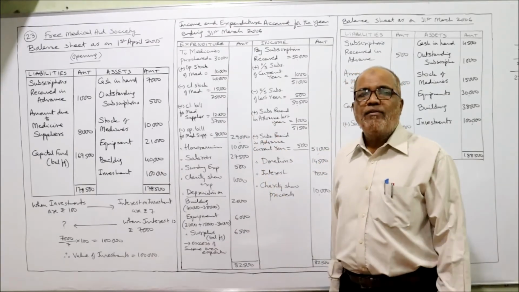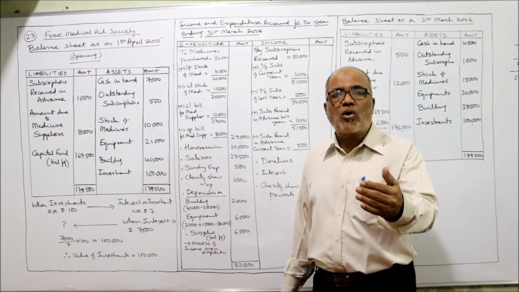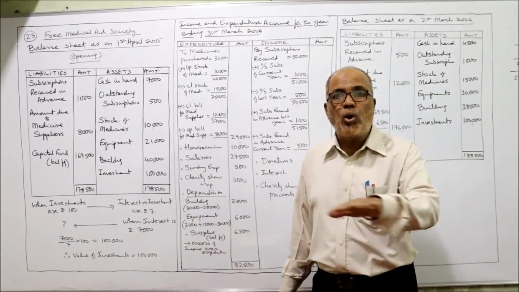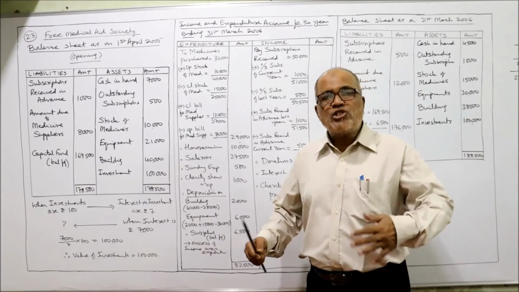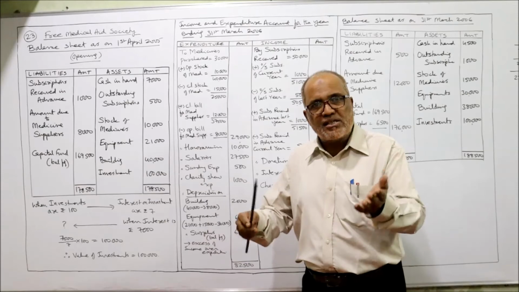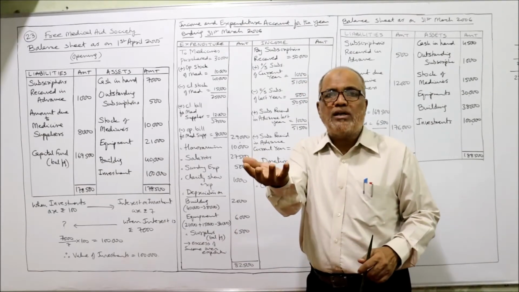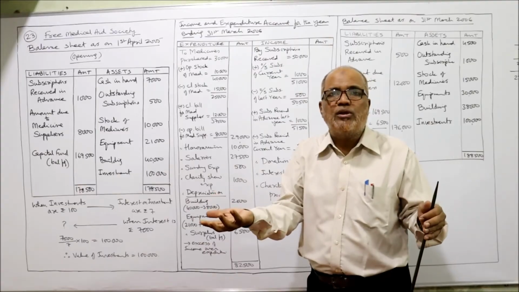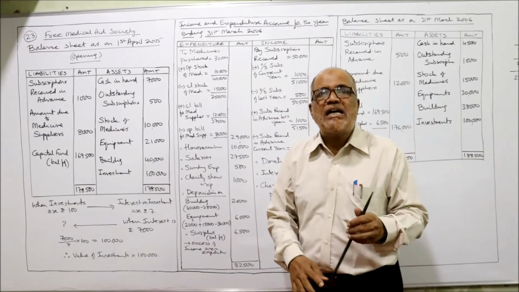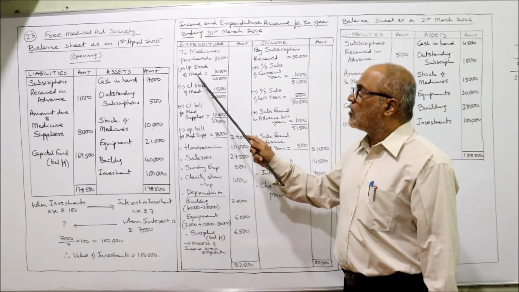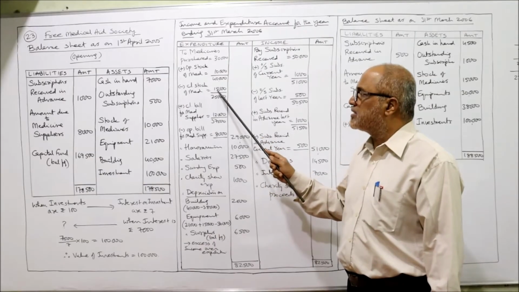Now to this we add opening stock of medicines and minus closing stock of medicines. Assuming that opening stock of medicines is consumed during the year and whatever stock is there at the end of the year is not consumed, closing stock is deducted. Opening stock of medicine added, closing stock of medicine deducted.